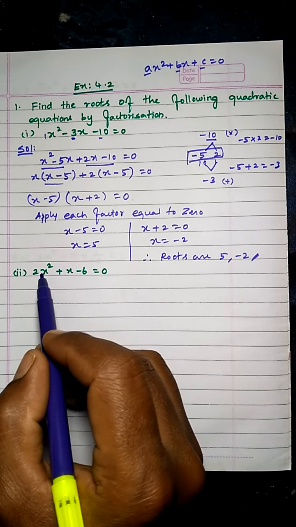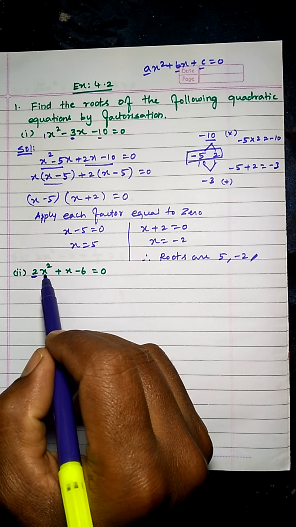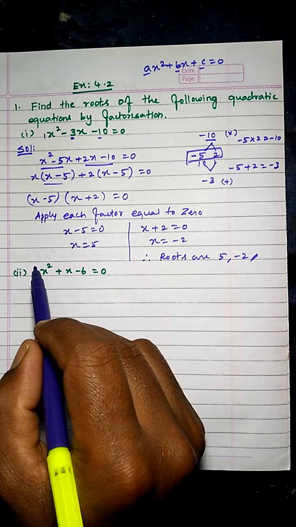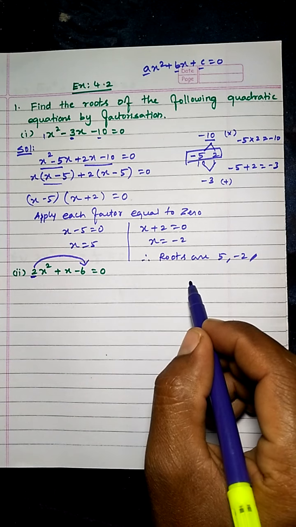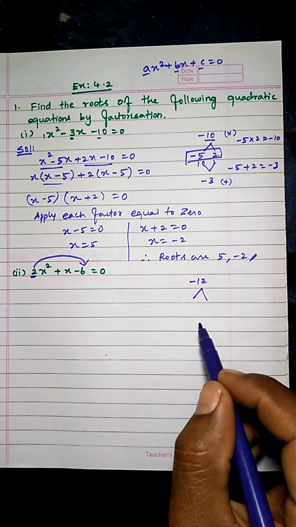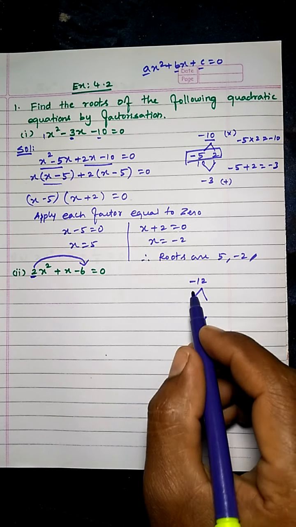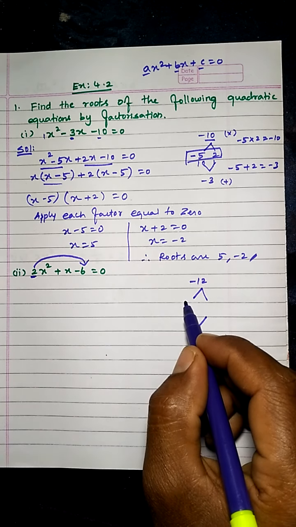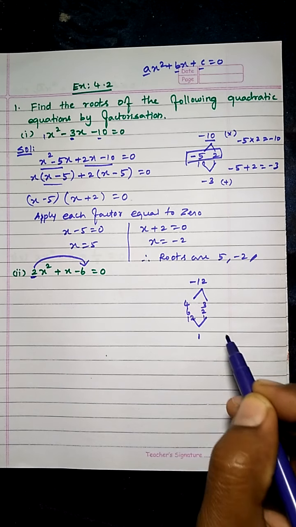See here in question number 2, the coefficient of x square is more than 1. If you are getting a coefficient of x square more than 1, you have to multiply it with the constant term. Then 2 sixes you will get minus 12 as the constant now. Now the coefficient of x here is 1. Now write all the possible factors for 12: 4 threes are 12, 6 twos are 12, or 12 ones are 12.